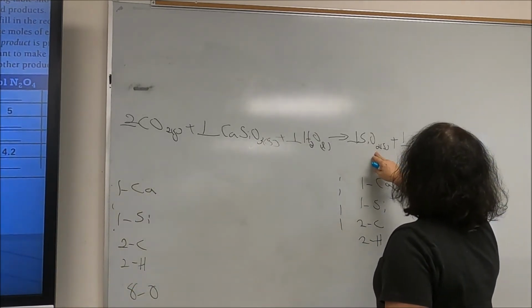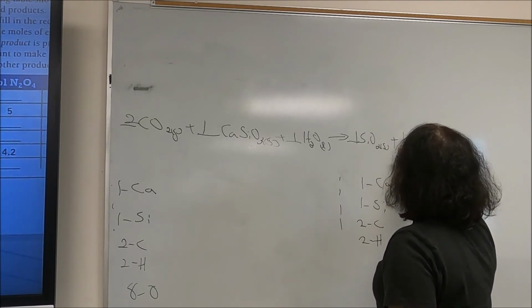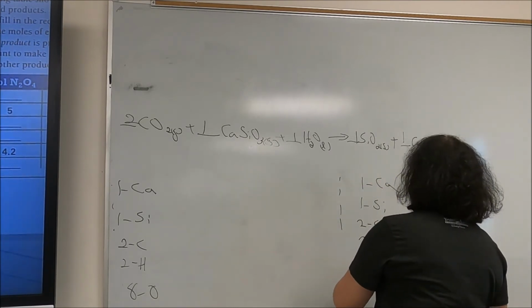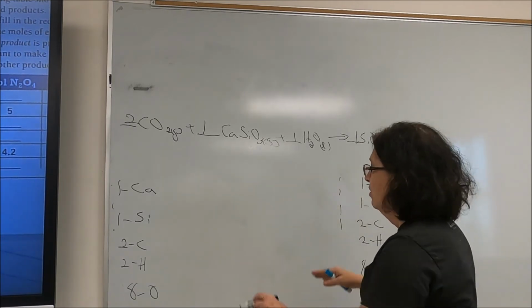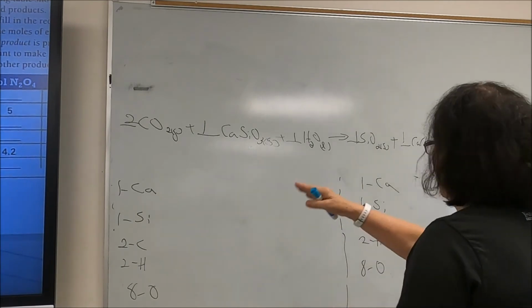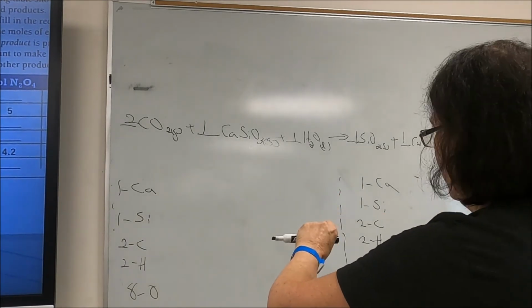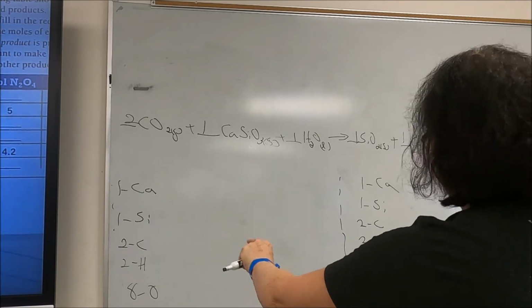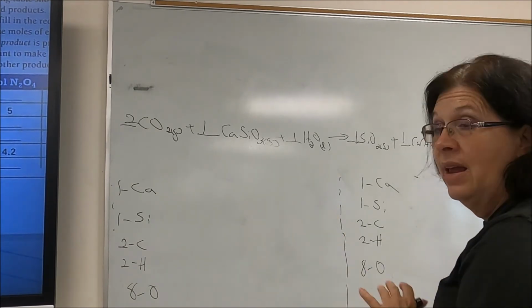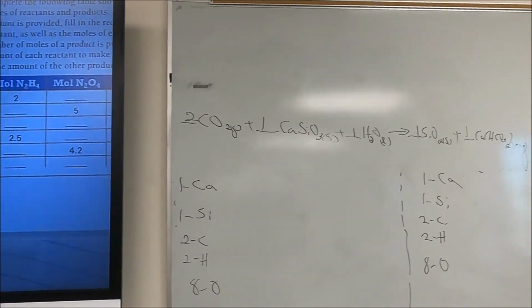I've got 2 here, plus 2 times 3 is 6, times 1, that's 6, 2 times 6, that's 8 oxygens here. So I've got the same number of calciums on both sides, same number of silicons, same number of carbons, same number of hydrogens, same number of oxygens. It's a balanced chemical equation. Now let's look at the next one.